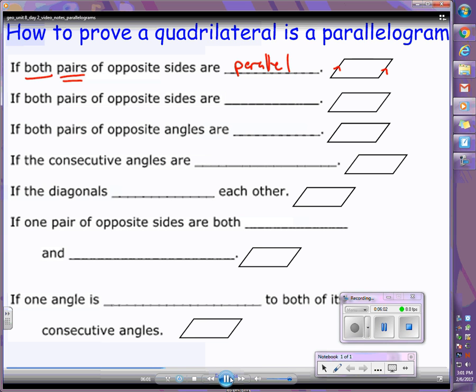So the first statement reads, both pairs of opposite sides are parallel. So we're just going to show that the two short sides are parallel, and we're going to show that the two long sides are parallel by adding the arrows. So again, both of them, the two short and the two long, have to be parallel.